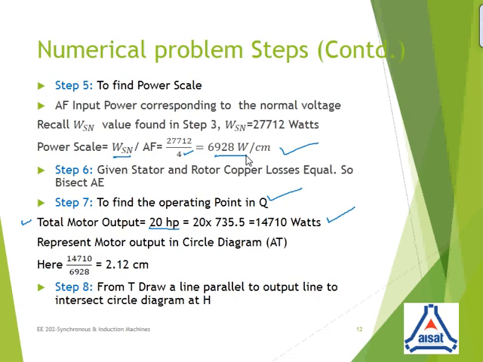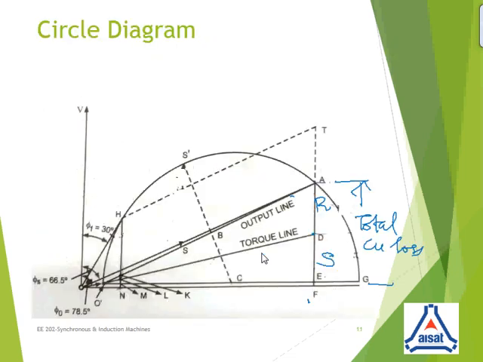The centimeter we get corresponding to the output power is 2.12 centimeter. That I have shown in the circle diagram with the line AT. So in the circle diagram, I have noted my AT, which is roughly 2.12 centimeter, in dotted line.